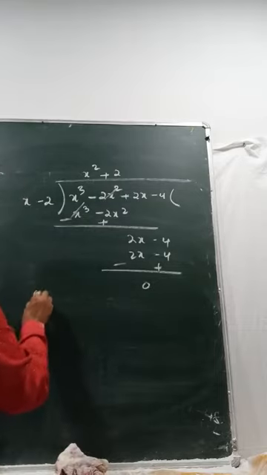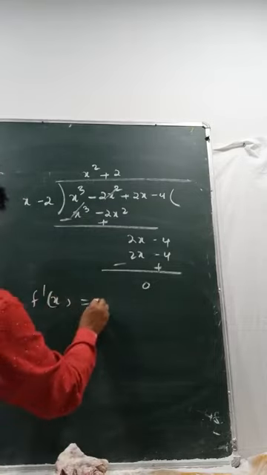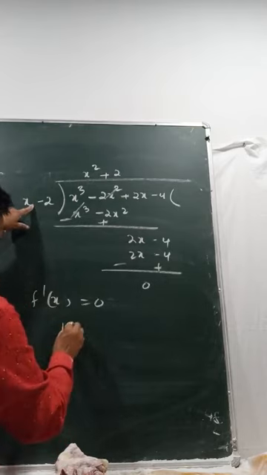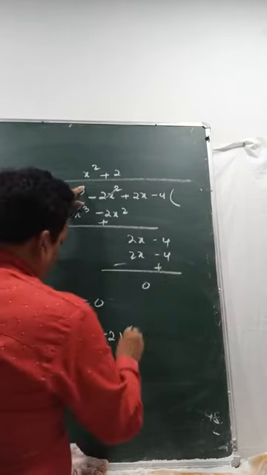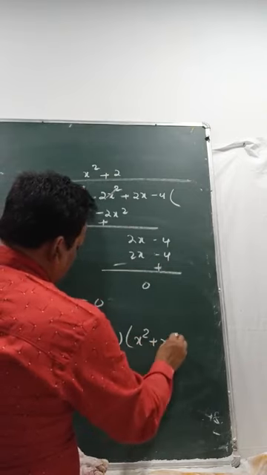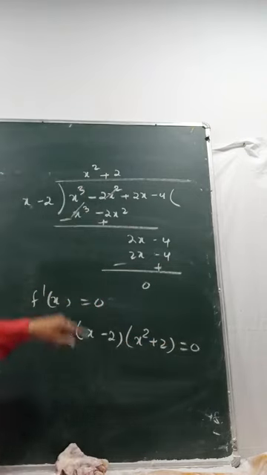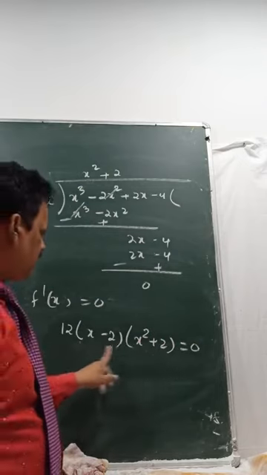So your f'(x) = 0 became 12 is already there, (x − 2)(x² + 2) = 0. Okay, you got this?